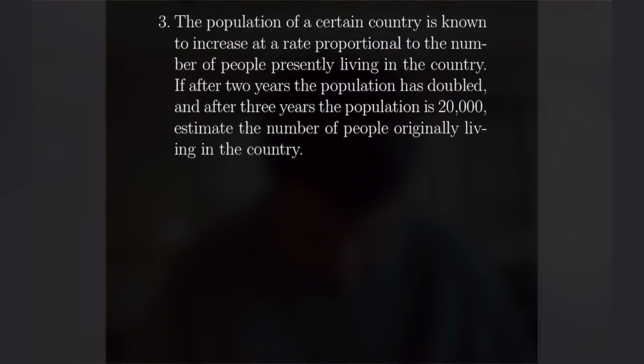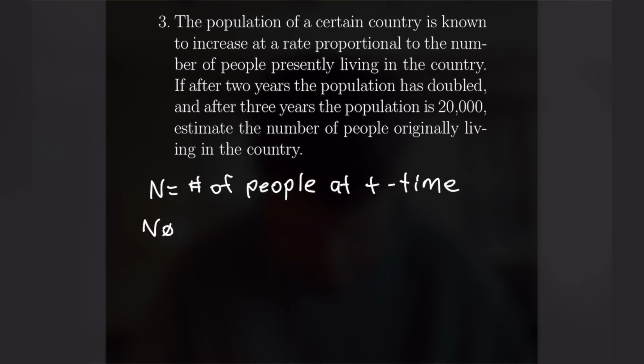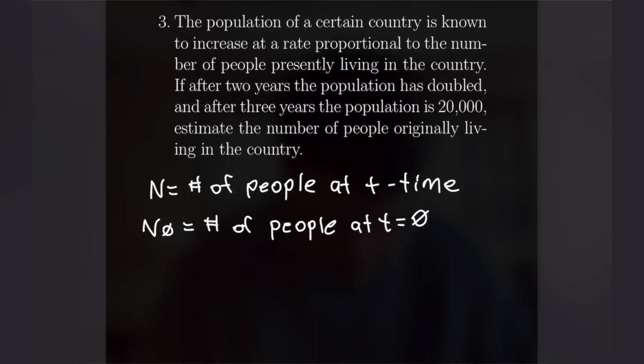So we're going to let n equal the number of people at some time t, and n naught is going to be the number of people at t equals 0. And we'll let k be the constant of proportionality.